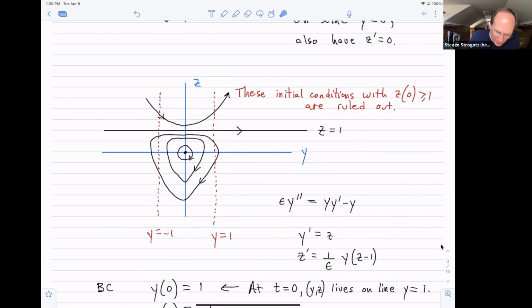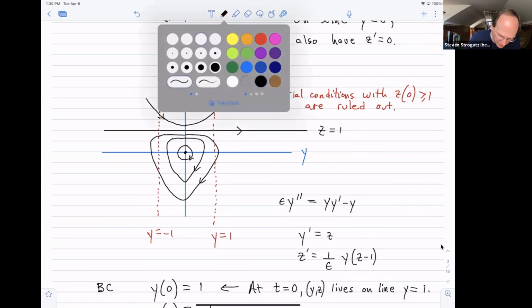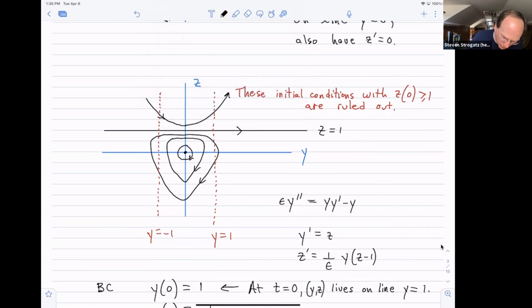But there are plenty of them, because the phase portrait shows that if I start close enough to the line z equals 1, I'll actually go out kind of far, and then come back in like that.